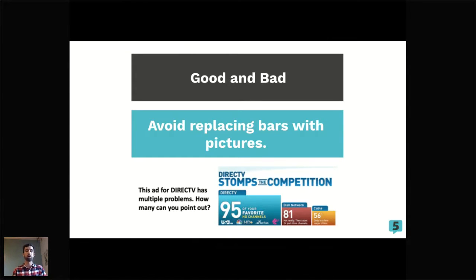DirecTV is much larger than Dish Network, which gives the illusion that they have way more, maybe double or triple the amount of Dish Network. So this was an ad that they ran, and very misleading. So you want to make sure that you keep your widths the same length and make sure that you avoid replacing bars with pictures, because the second you put pictures in there, it can kind of distort the actual numbers.